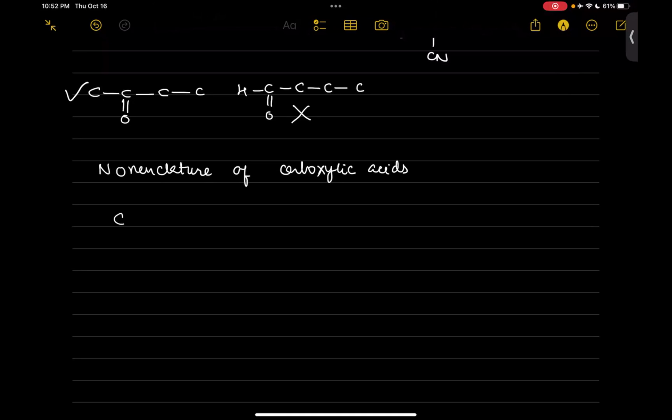So we can start with this common carboxylic acid, and you need to tell me the common name and the IUPAC name. This is another carboxylic acid, but with OH group. Got it?